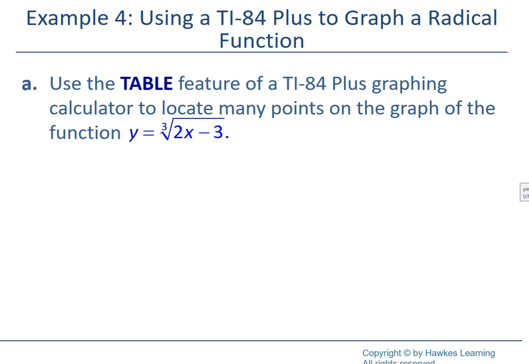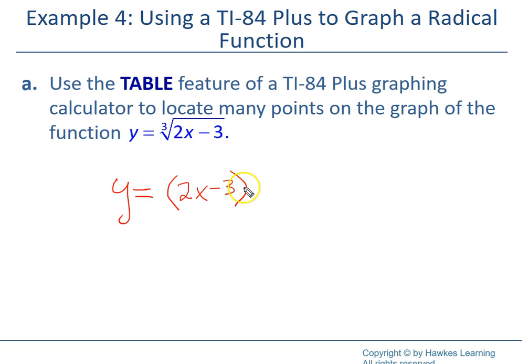So how do you do that? Well, it would be y equals, you'd put this in parentheses, the radicand, 2x minus 3 in parentheses. And you could put all of that in the TI-84 here.